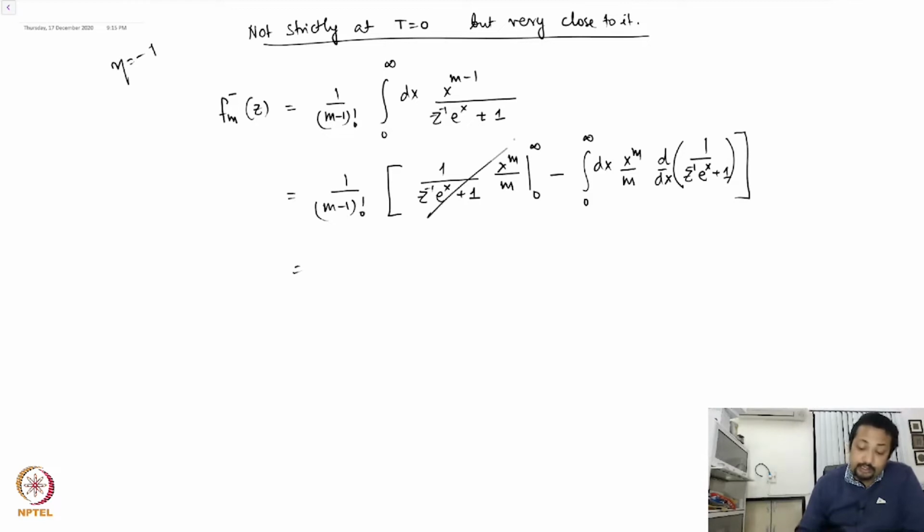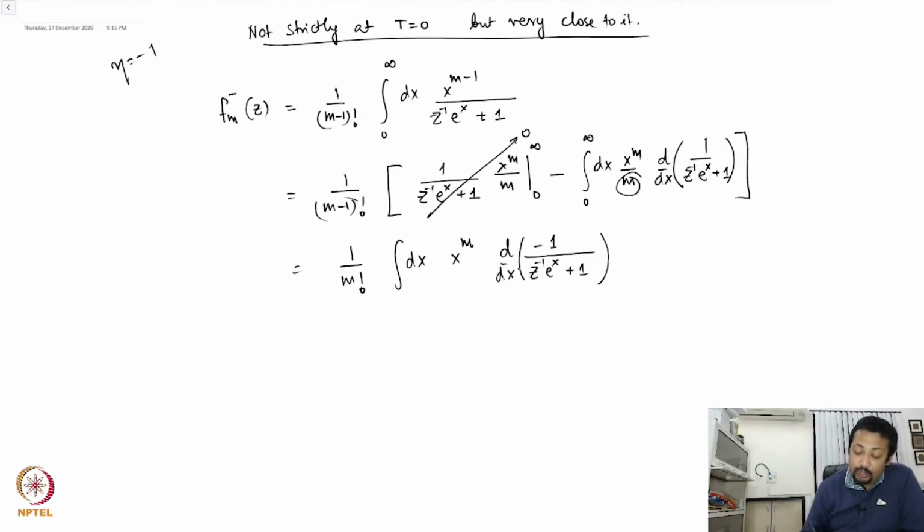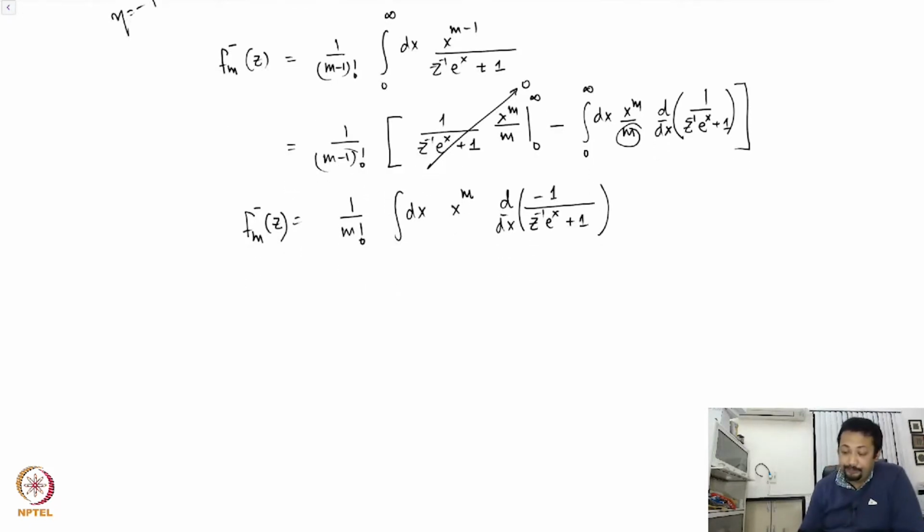So this vanishes at x equal to 0, and at x equal to infinity e to the power x diverges, so this is 0 in both the limits, and m times (m minus 1) factorial is m factorial. So I have f m of z is equal to 1 over m factorial integral dx x to the power m d dx of minus 1 over z inverse e to the power x plus 1.